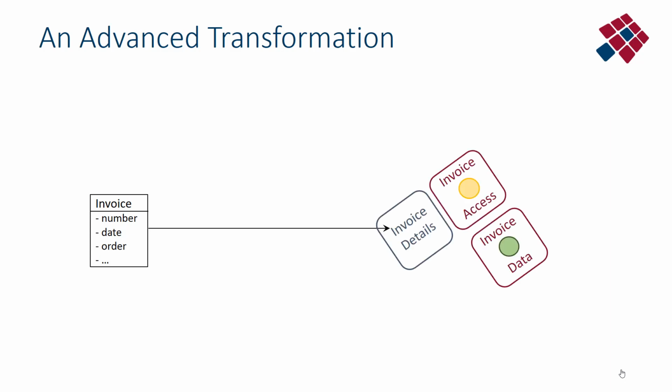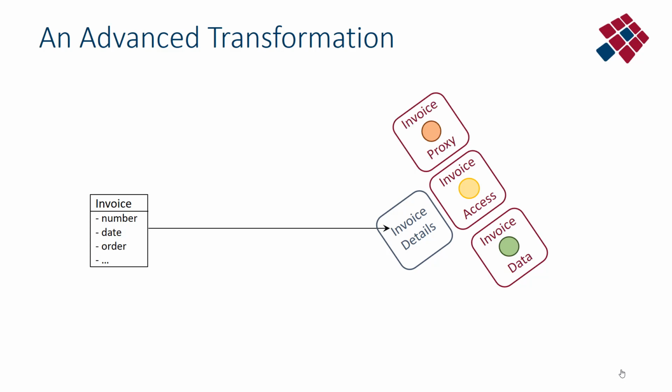Now, we have seen that in order to obtain stable, evolvable software, we need to implement a single functional business entity like an invoice as a set or a collection of various classes.